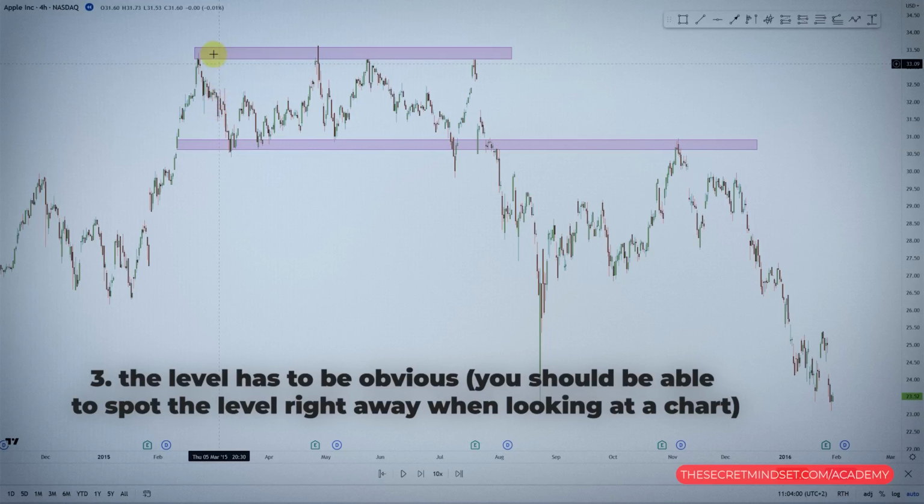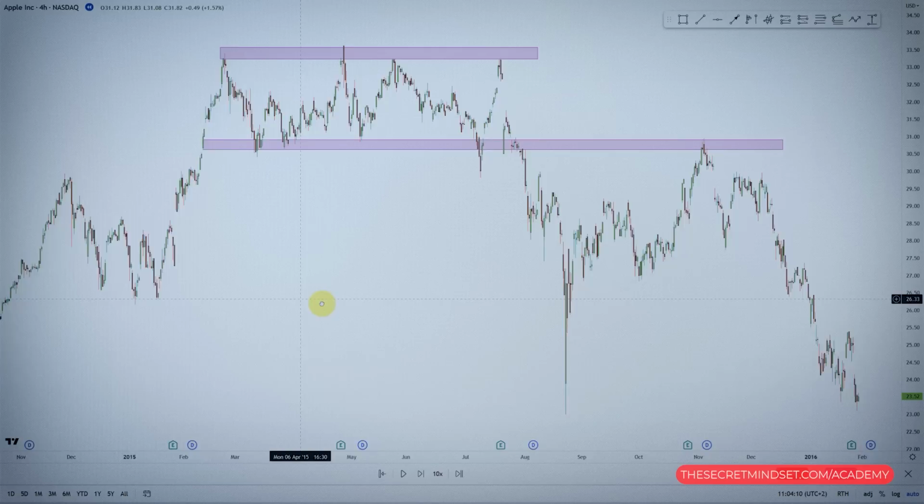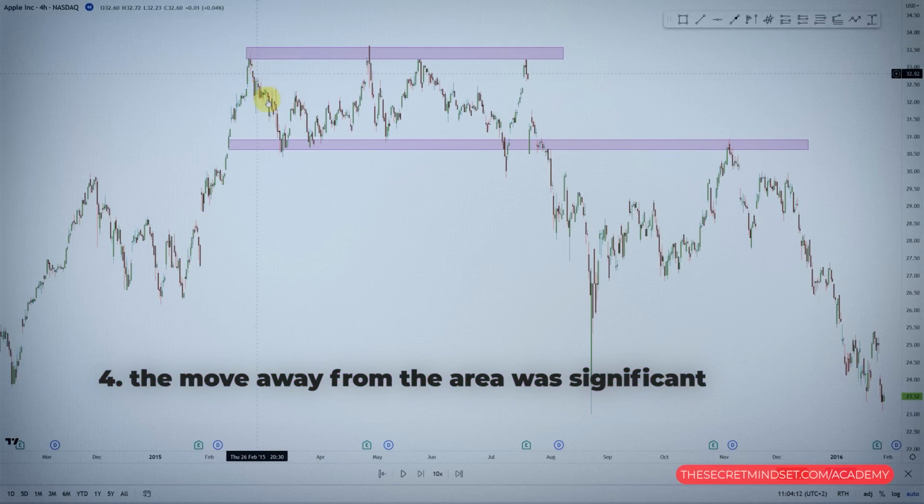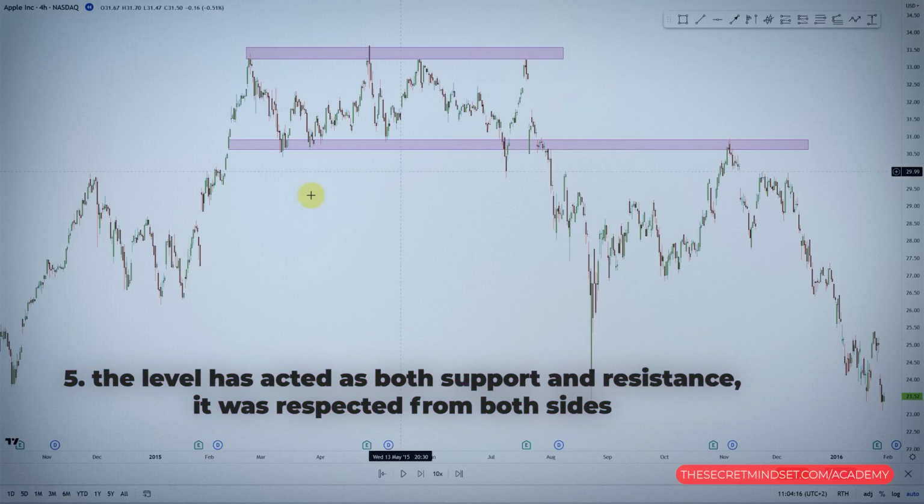You want the level to be obvious, meaning it jumps right out at you. You should be able to spot the level right away when looking at the chart. The move away from the area was significant. The level acted as both support and resistance, and it was respected from both sides.